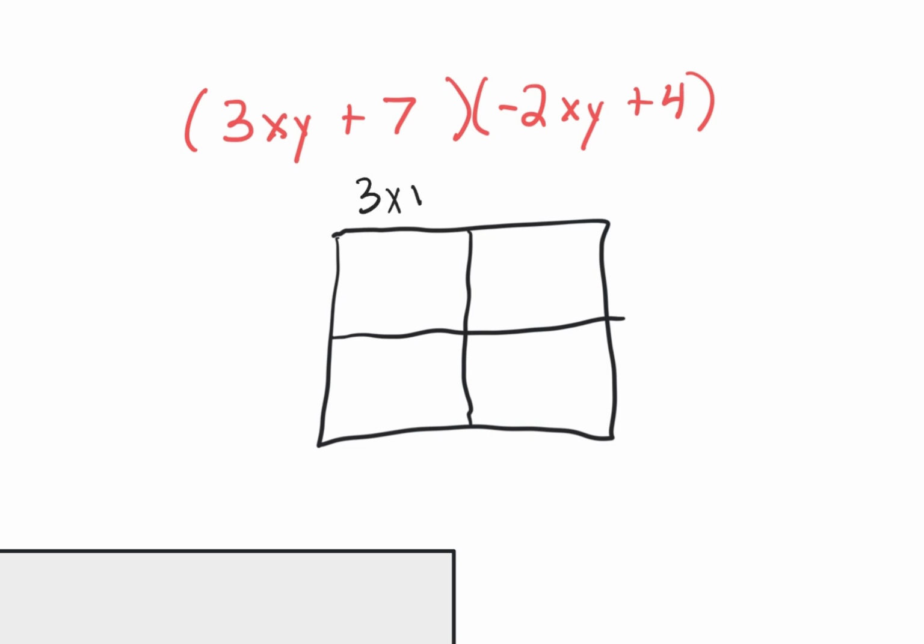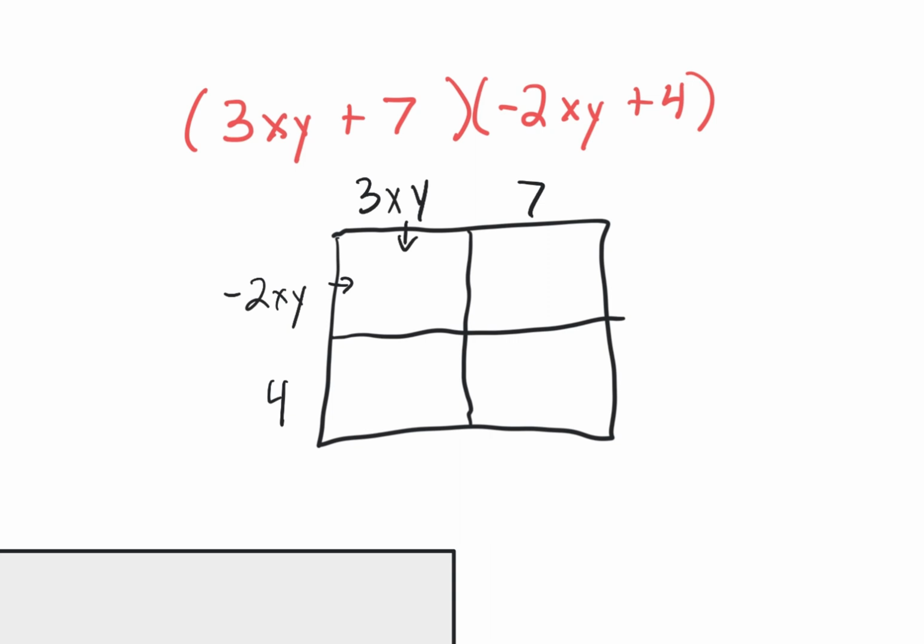When we do it using the box method, each of these boxes is going to get a piece of the monomial. So the 3xy and 7, they get their own piece over there. And the negative 2xy and 4 get their spots there. Now what you do to fill in the box is you go column times row. So I take 3xy times negative 2xy.